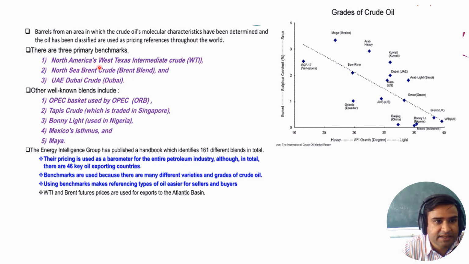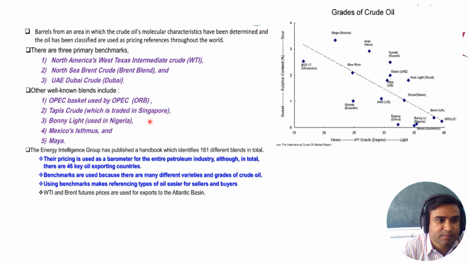North America's West Texas Intermediate crude oil, that is WTI, is one type. Another is North Sea Brent crude, and we have UAE Dubai crude.